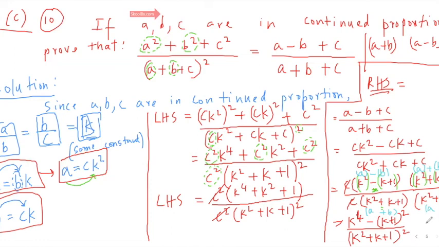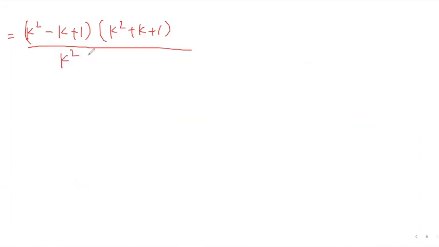So when I simplify this, what I get is, hang on. So the numerator was k squared minus k plus 1 times k squared plus k plus 1, divided by k squared plus k plus 1 the whole squared, something like that, right? So I'll actually have to multiply this whole thing by this.